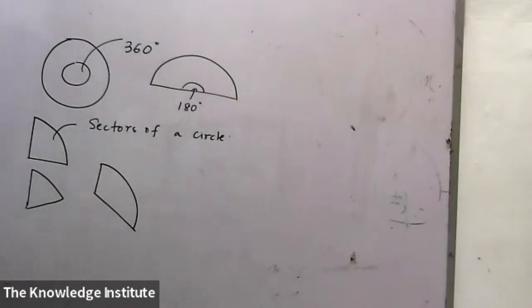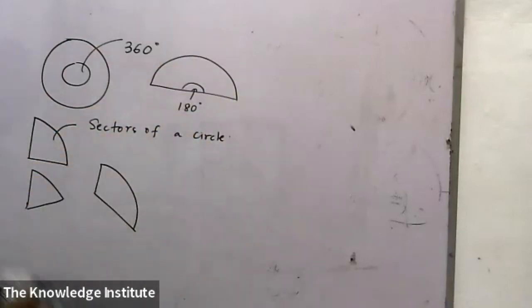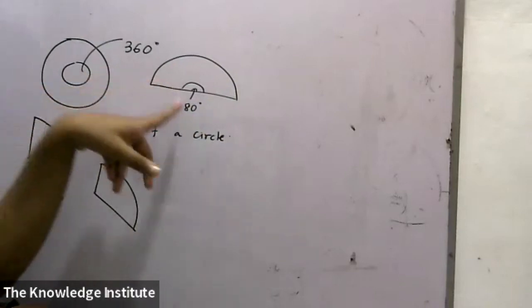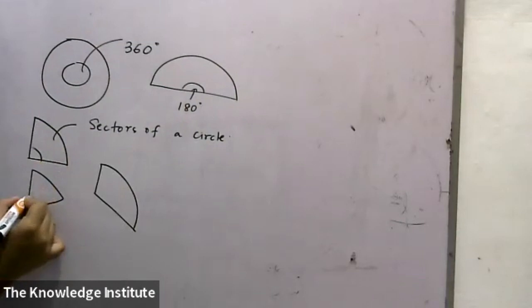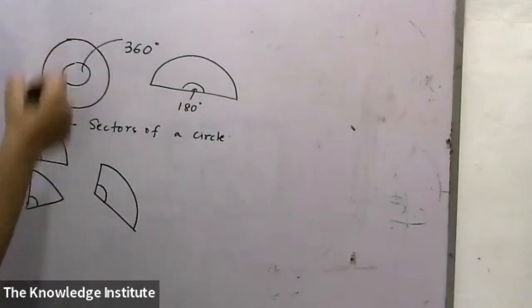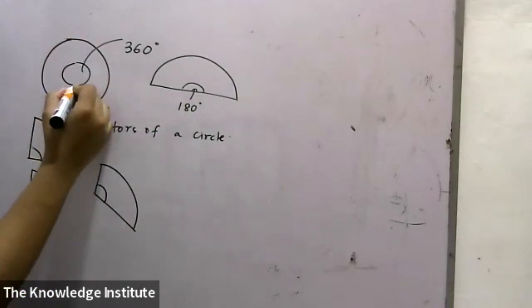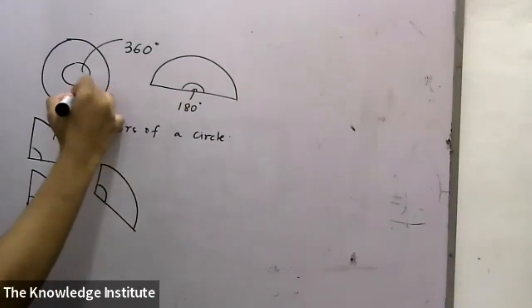If a whole circle is 360 degrees and a semicircle is 180 degrees, these sectors of a circle also have a particular angle. Definitely it will be less than 360 degrees, because from a whole circle we are just taking a part of it.